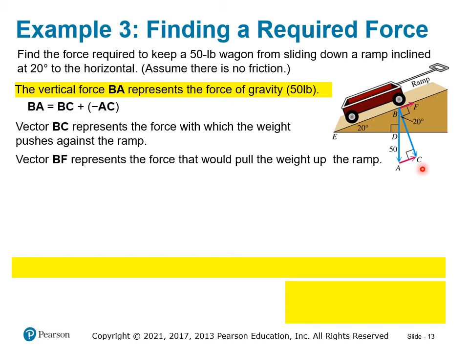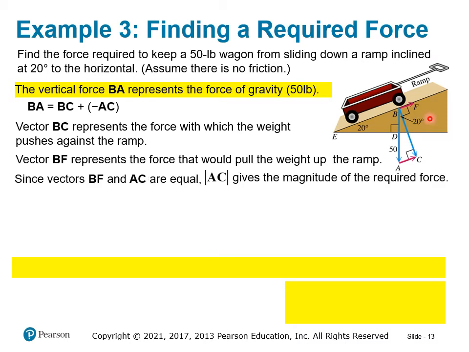Vector BF, this little red vector right underneath the top tire, represents the force that would pull the weight up the ramp, that would pull the wagon up the ramp. Vectors BF and AC are equal. This will always be the case.